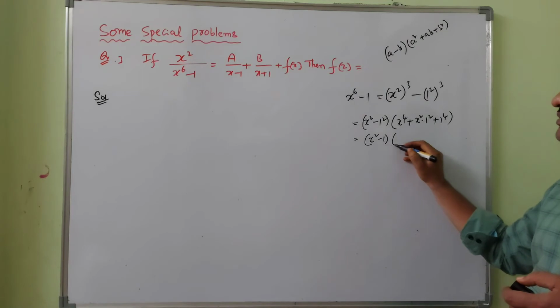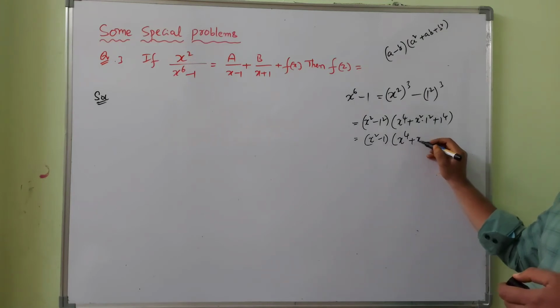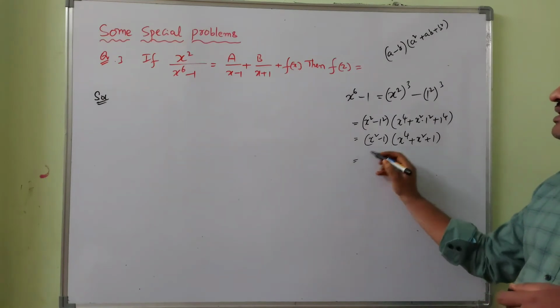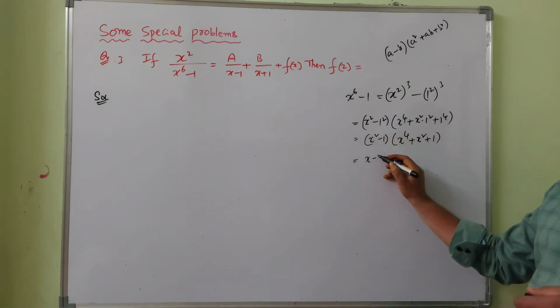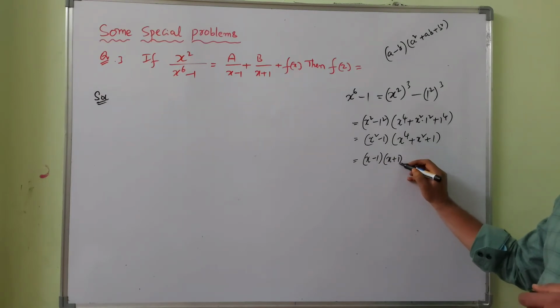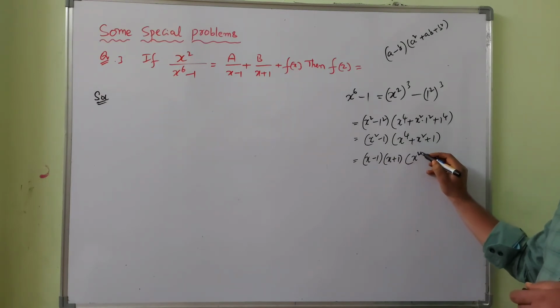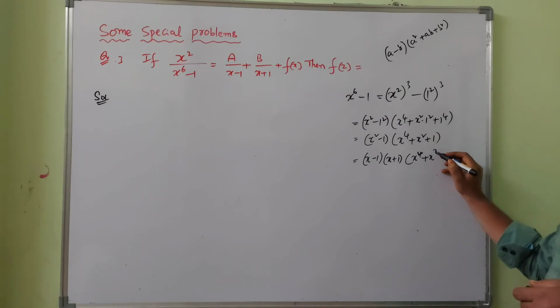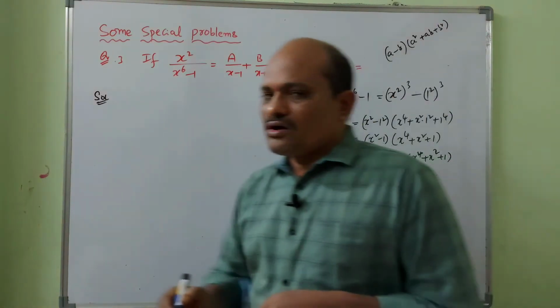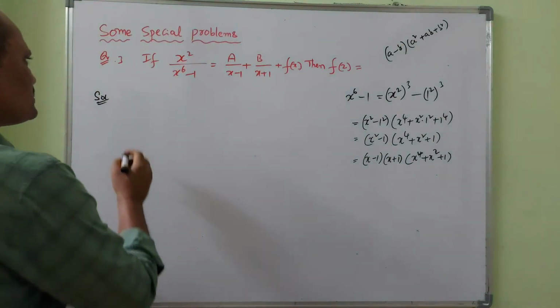X square minus 1 into x power 4 plus x square plus 1 you will get. Now x square minus 1 can be split as x plus 1 into x minus 1. So students, the factors for the denominator are these three.